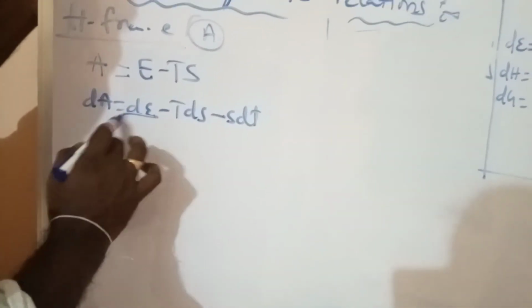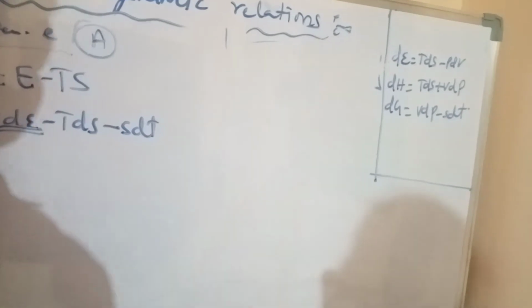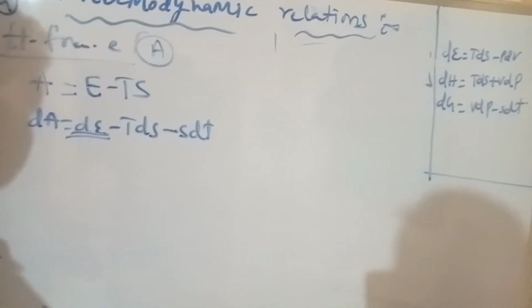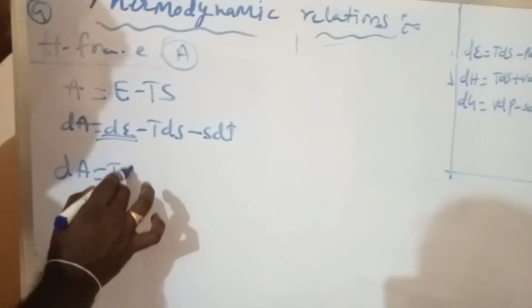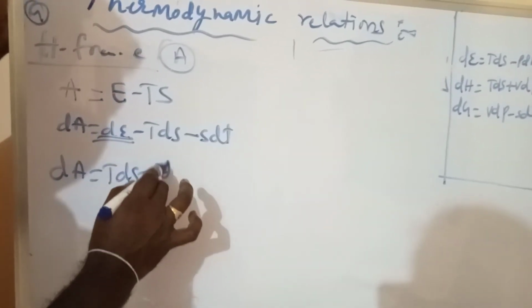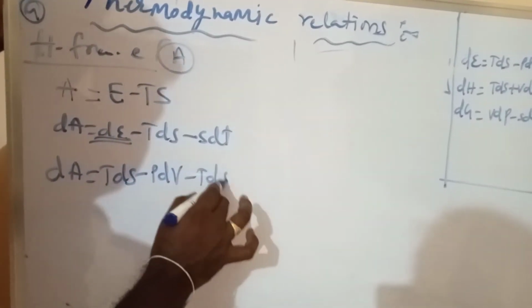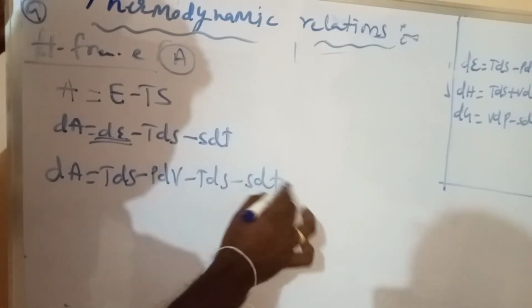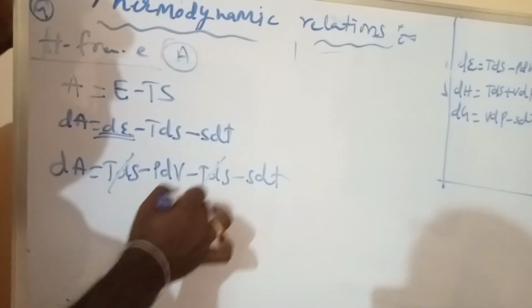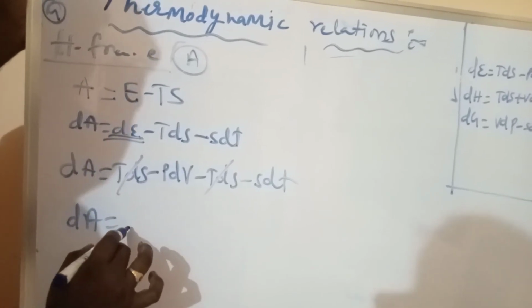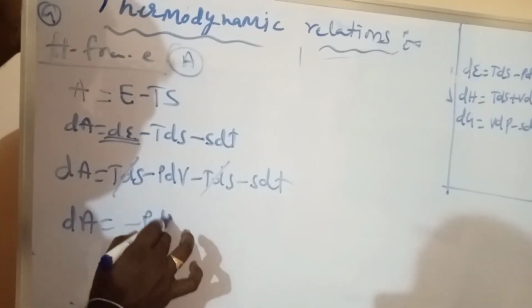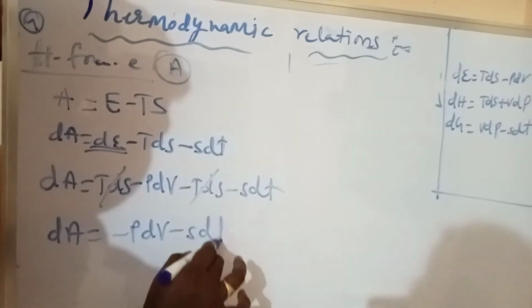Then we have the dE value from the thermodynamic relation of internal energy. Here dA is equal to TdS minus PdV minus TdS minus SdT. Here plus TdS minus TdS cancel. In the remaining equation, we get dA is equal to minus PdV minus SdT.